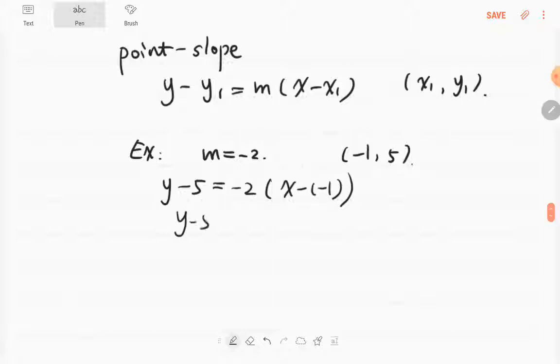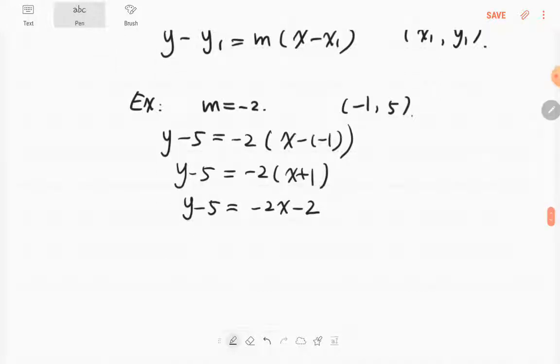So we will simplify this too. It's just like x plus 1. So y minus 5 equals -2x minus 2. When you use the distributive rule, be very careful.